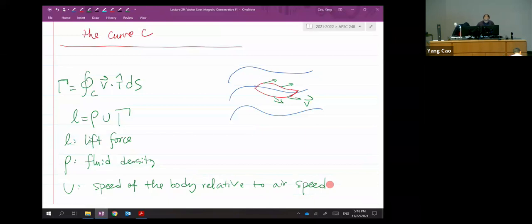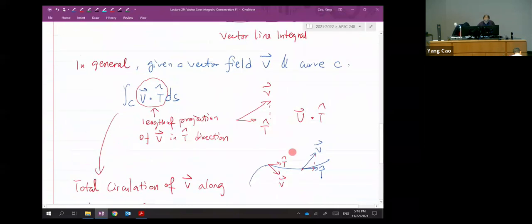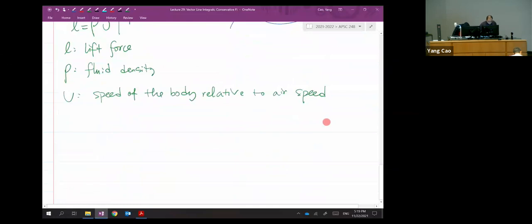So the question for the next 10 to 25 minutes is, how can we compute this vector line integral based on some given conditions? Let's take a look at some examples of how we can do the calculation.